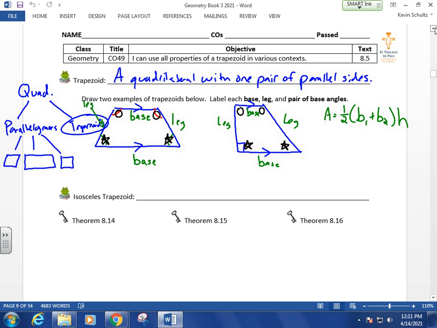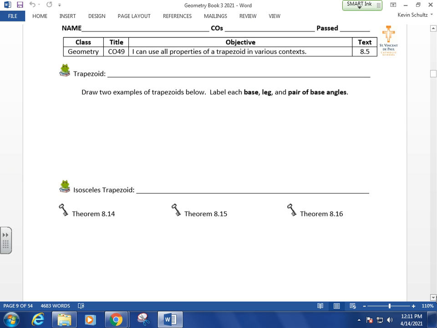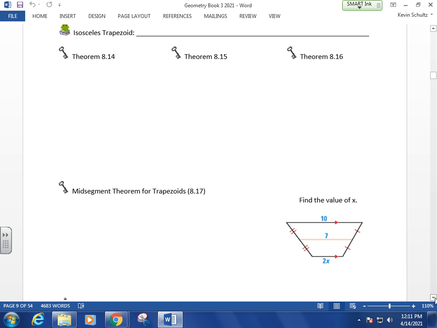Now, an isosceles trapezoid is a special type of trapezoid. An isosceles trapezoid exists when the legs of the trapezoid are congruent. Let me scroll down here so we can get to our next sections. An isosceles trapezoid is a trapezoid with congruent legs.